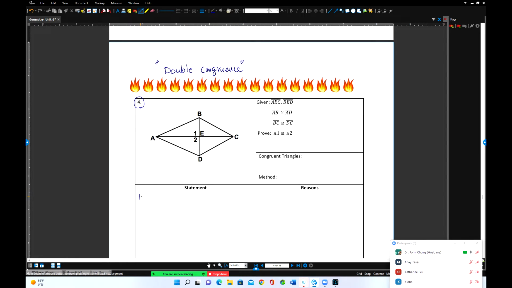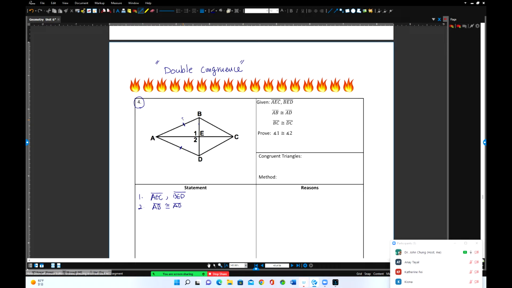Okay, the first one is AEC. These two lines are straight. That's why angle 1 and this side are supplementary. Angle AEC, angle BED, straight line, and AB congruent to AD.